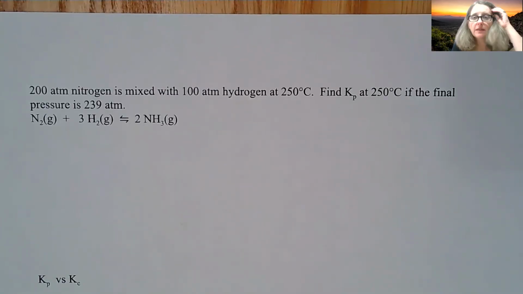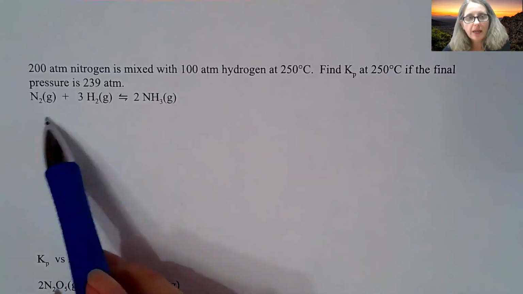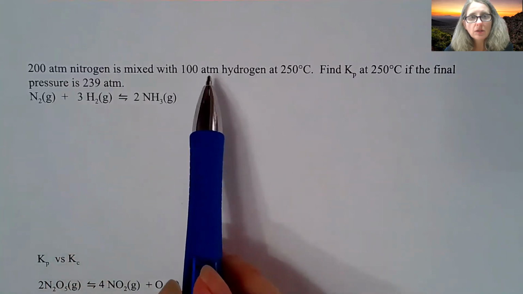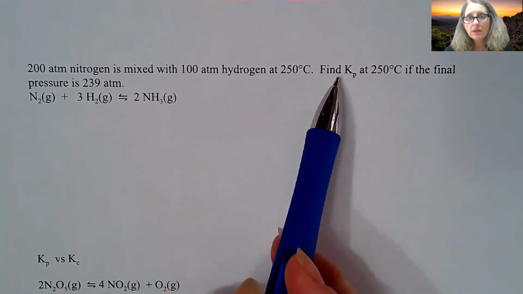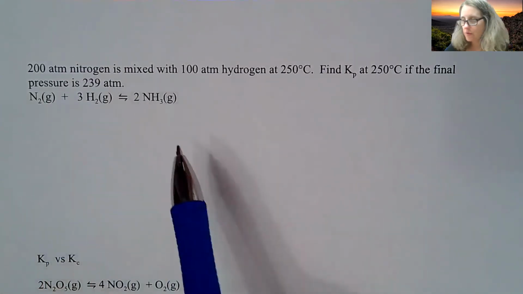So flip it over to the next page. I'm going to work this problem here. If I have my Haber process of making ammonia, and 200 atmospheres of nitrogen is mixed with 100 atmospheres of hydrogen at 250 degrees Celsius, find the Kp at that temperature if the final pressure is 239.